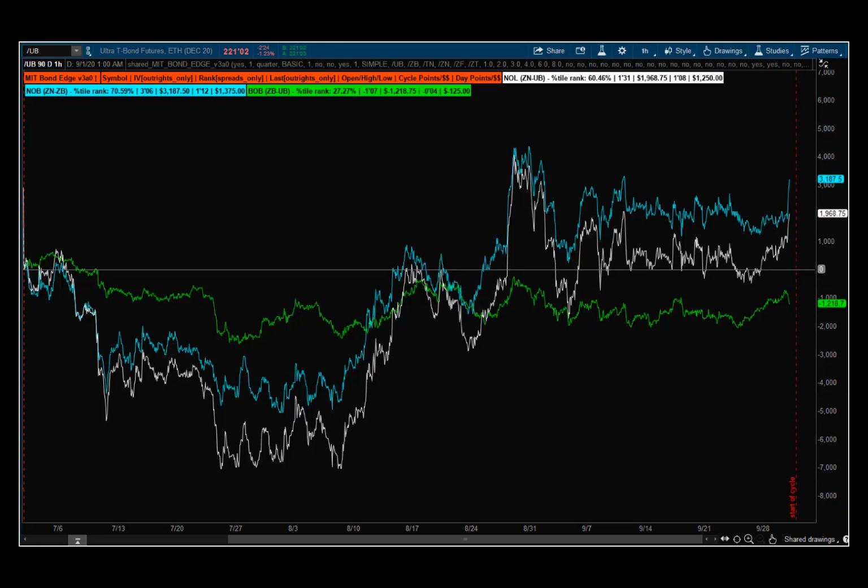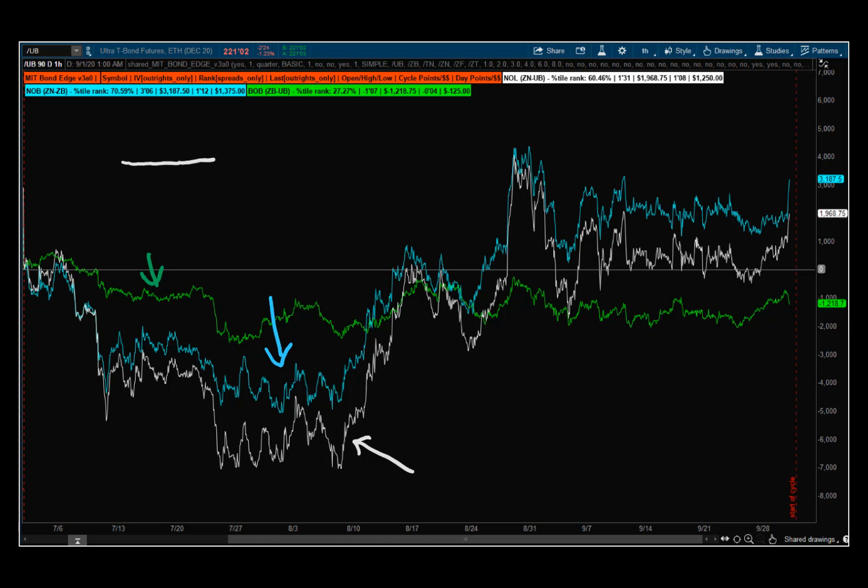So in front of you guys, I have three lines. I've got the green line, the blue, and the white. When we look at trading futures, specifically interest rate futures right now, instead of just speculating on whether bonds are going to go higher or lower, we want to look at the difference between different interest rates that trade on the yield curve.